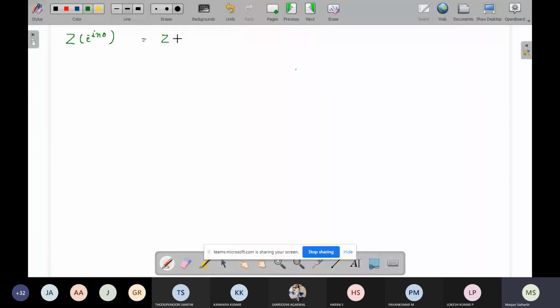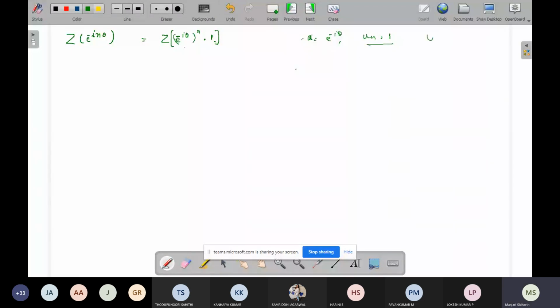You can write it as e power minus i theta into n, power n. Now we can use the damping rule here. u(n) is multiplied by positive power of a, where a is e power minus i theta, and u(n) is 1. Just to make you understand, I am writing this.